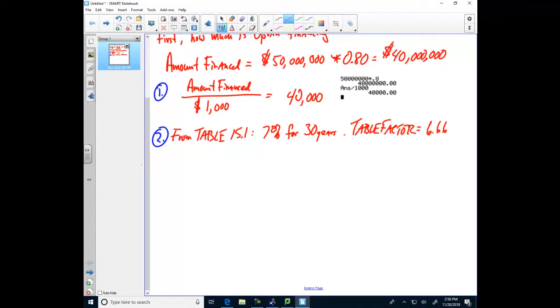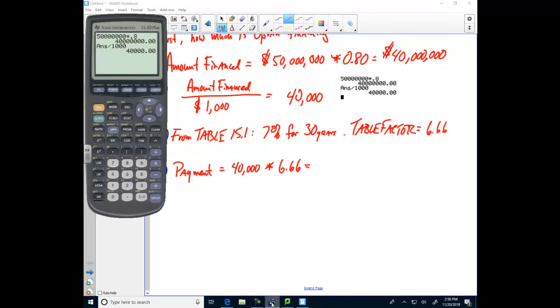And now, referring back to step 3, this is on page 375. So to get the payment, it is going to be step 1, which is the 40,000 times what you find in step 2, which is 6.66.